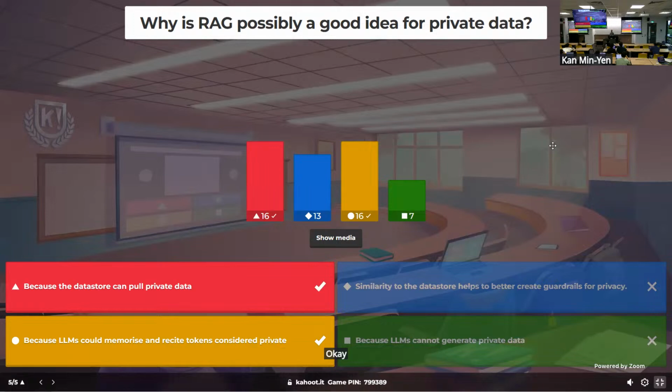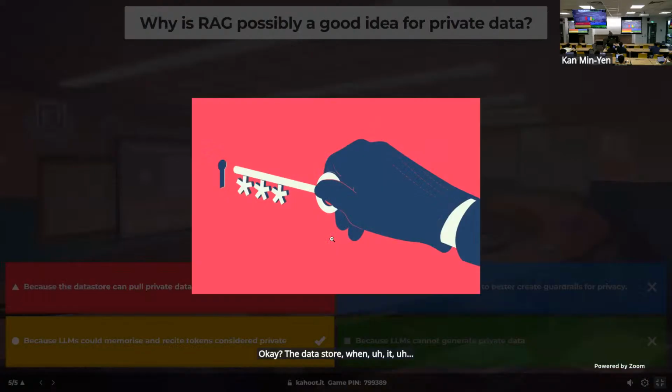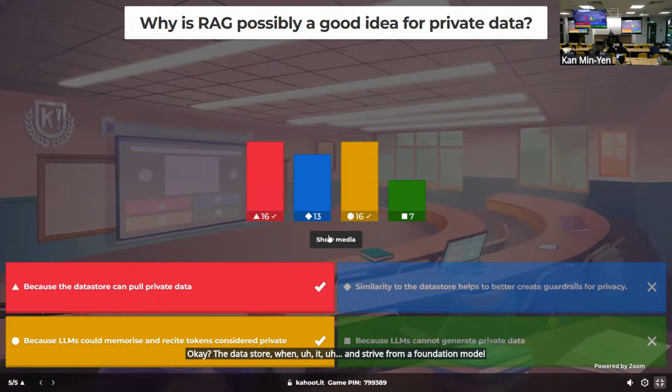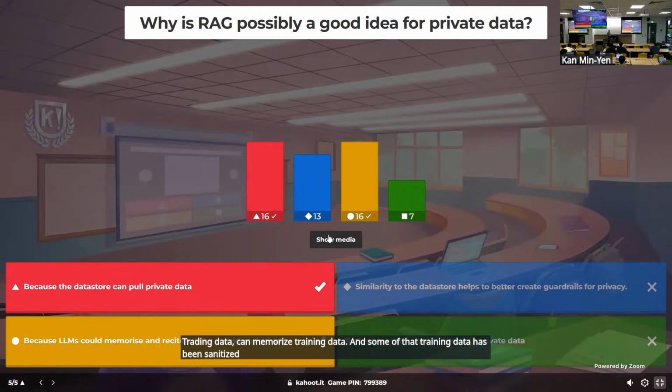Okay. So this was a little trickier question. There are two right answers. The foundation model can sometimes show training data, can memorize training data. And some of that training data, if it hasn't been sanitized properly, can contain private information.